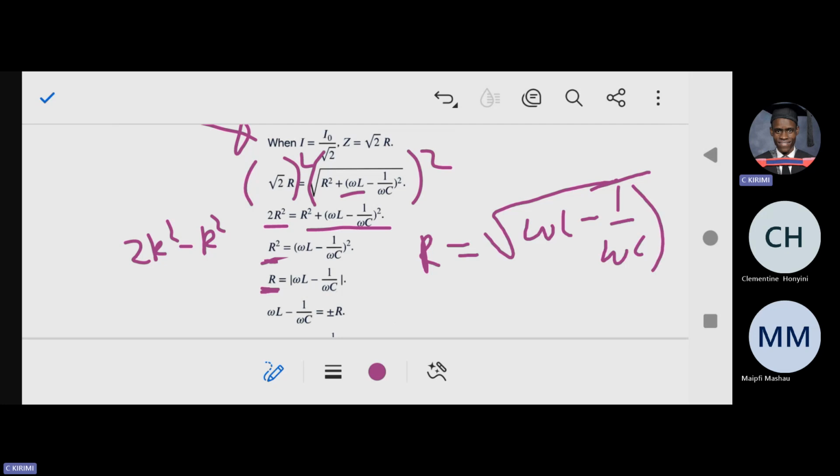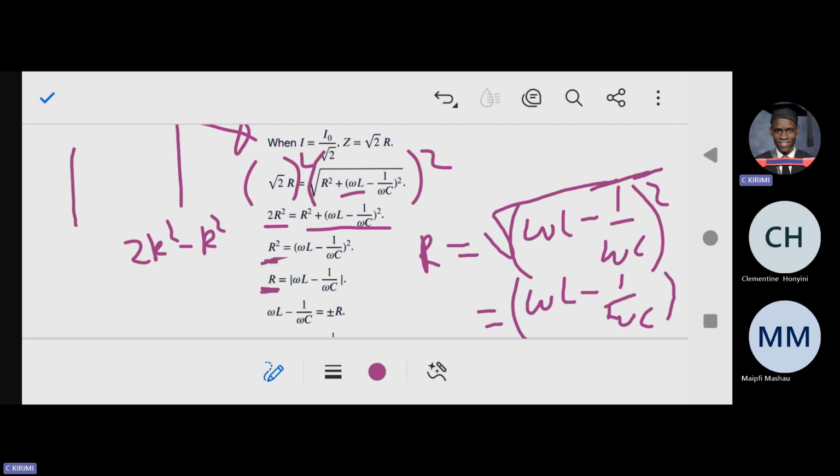And then everything was under the square root, so you remove the square. Then you'll be left with just what is inside the bracket, omega L minus 1 over omega C without the square. And where is the value of absolute coming? Which means R must be a number that is positive.